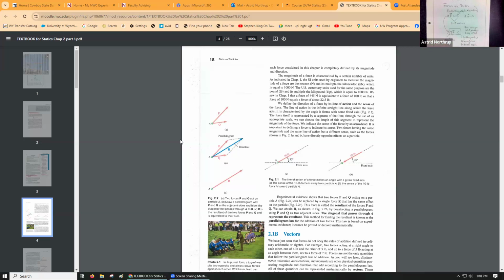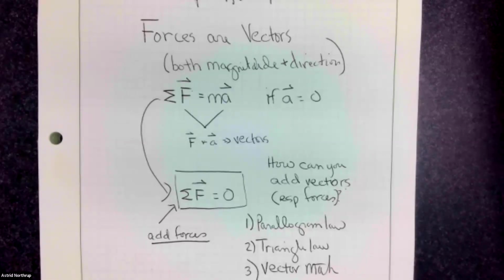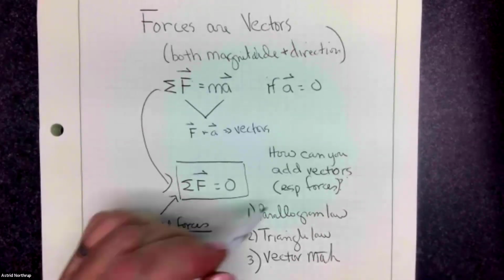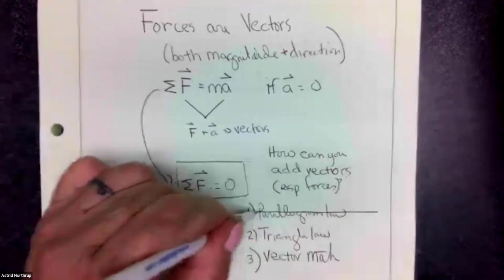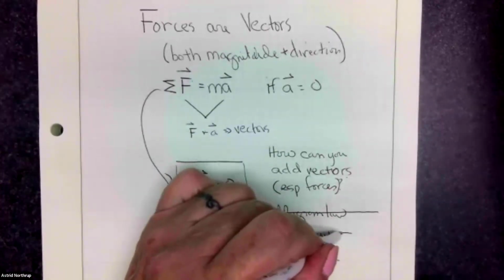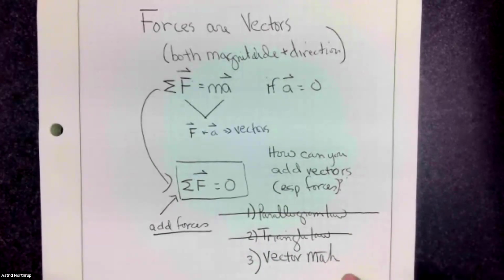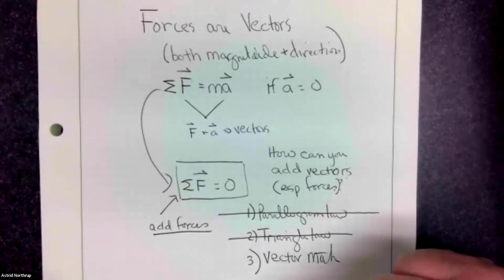Okay, so the reason that I put these on my paper and I want to talk about them is I do not want you to use the parallelogram law, and I do not want you to use the triangle law. I want you to start off using vector math.